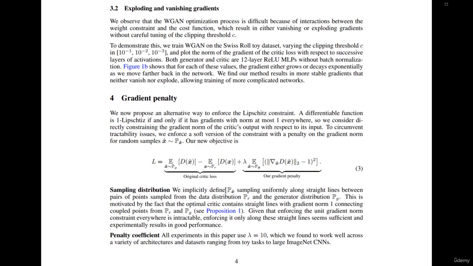In order to enforce the Lipschitz constraint, the authors came up with this gradient penalty right here. So apart from having the loss, that's the WGAN loss, which we've seen already, they added this gradient penalty to enforce the Lipschitz constraint. And then there is this gradient penalty parameter or factor which we multiply with the penalty.